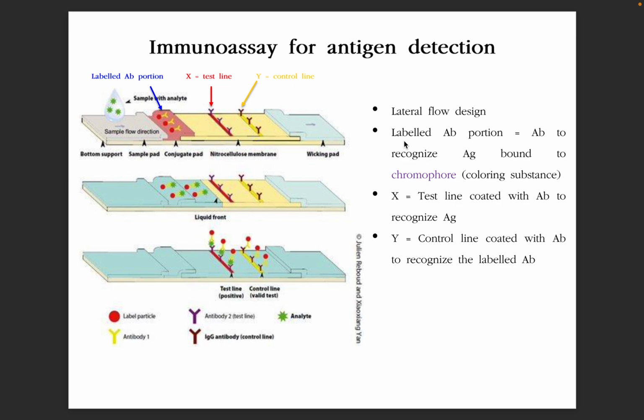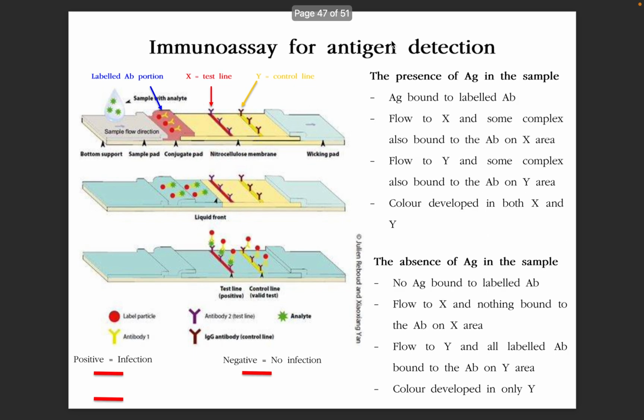The sample solution is added at one end, next to be absorbed by the labeled antibody to detect SARS-CoV-2 antigens. This antibody is labeled with chromophore, which is an agent to generate color on the strip. The kit contains another two significant lines, which are the test line and the control line.